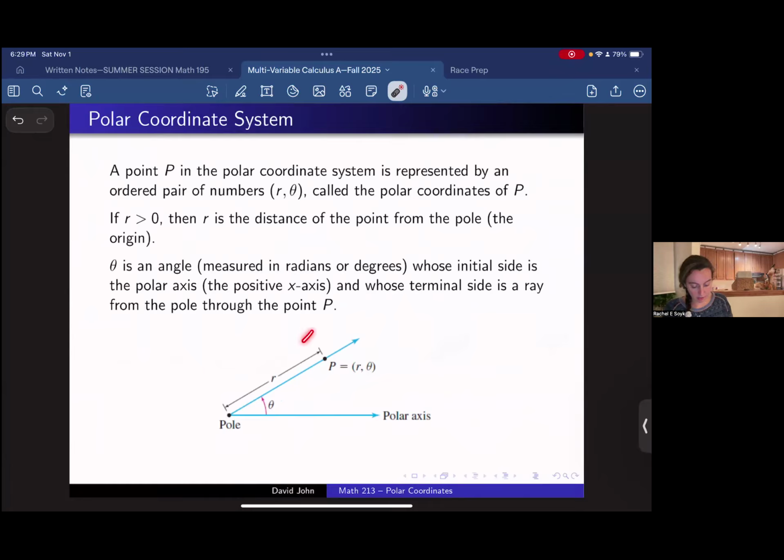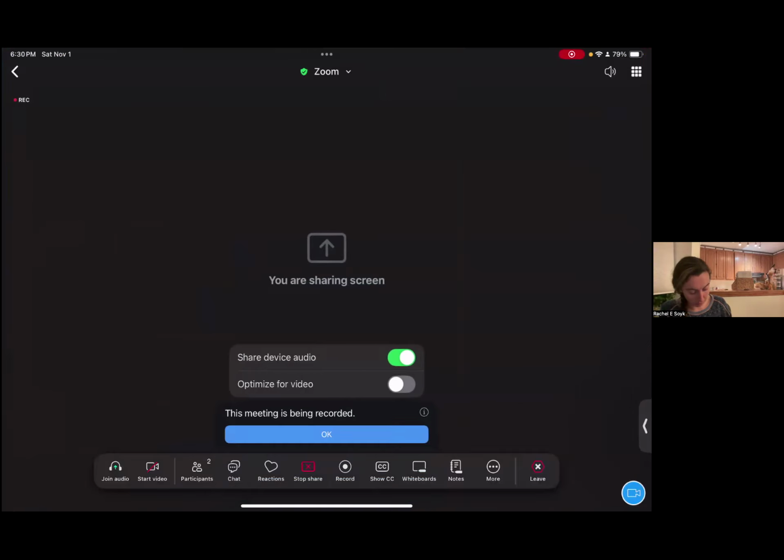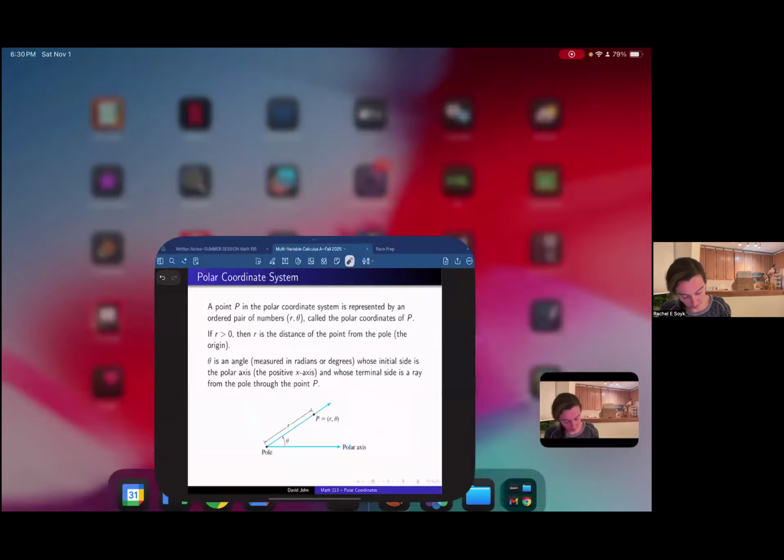This is kind of what I was demonstrating with my hands a little earlier when we create an angle stemming from that positive x-axis, also known as our polar axis. And then our r is telling us what our, oops, sorry about that.